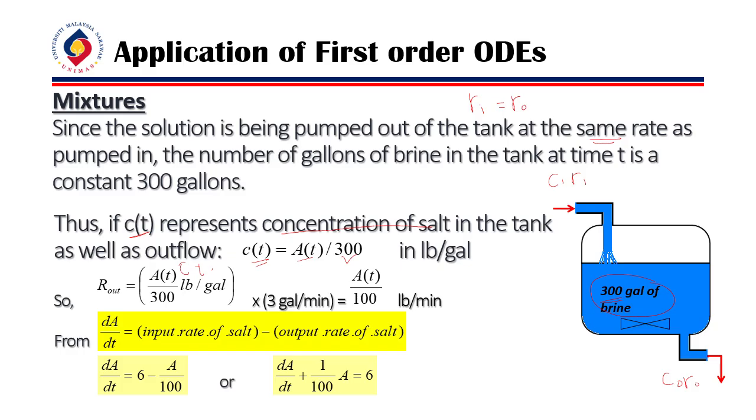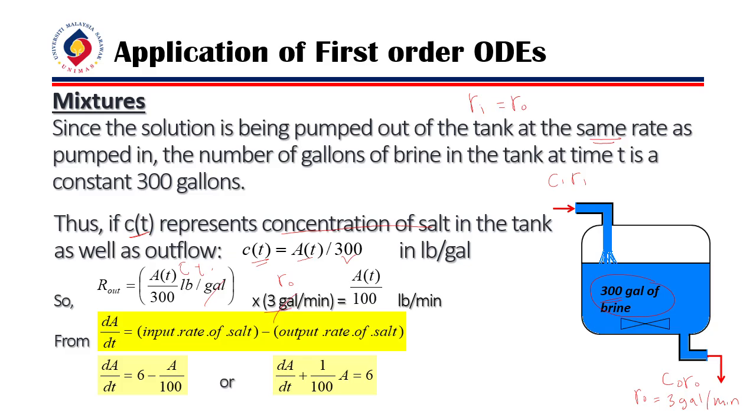3 gallons per minute. This is given in the previous part of the question. So multiplying by 3 gallons, and then you cancel out this one.